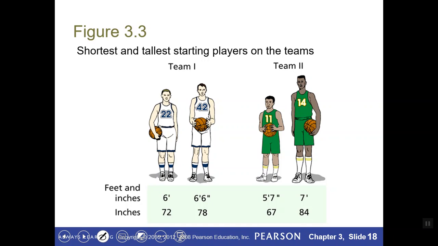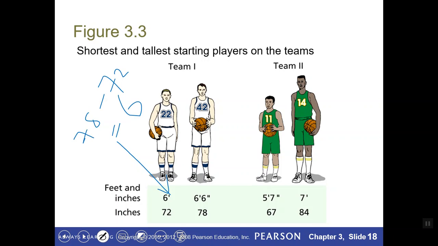In team 2, the shortest guy is 67 and the tallest guy is 84. So you can compare the gap between these two values. For team 1, the gap is 78 minus the smallest one, 72. So the gap is just 6.